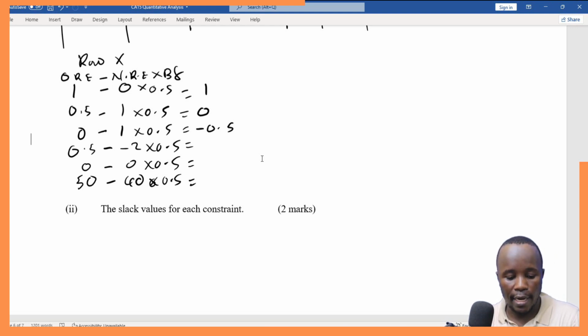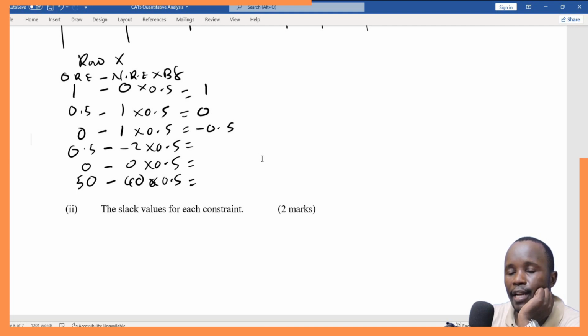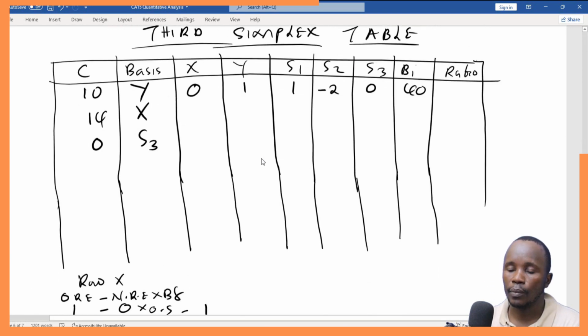Negative 1. There is a negative here, so this one gives me 1.5. Then this is 0. What is 50 minus 20? These are my new row elements here.